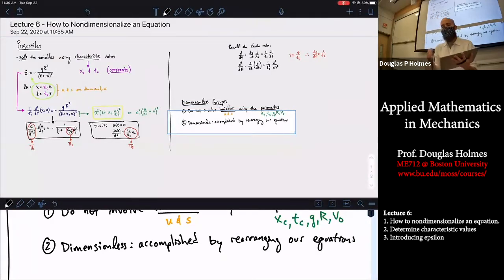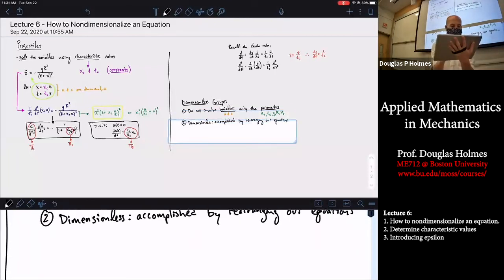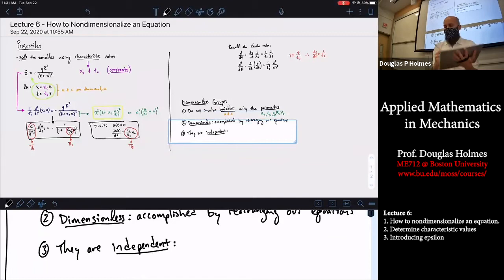And 3, and this one is really important and a little bit more subtle, is that they are independent. And that means it's not possible to write one of them in terms of another or another two.